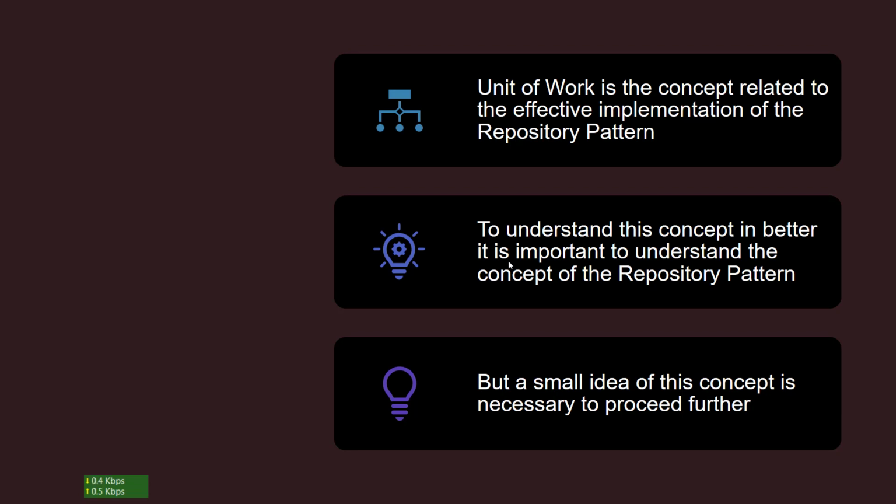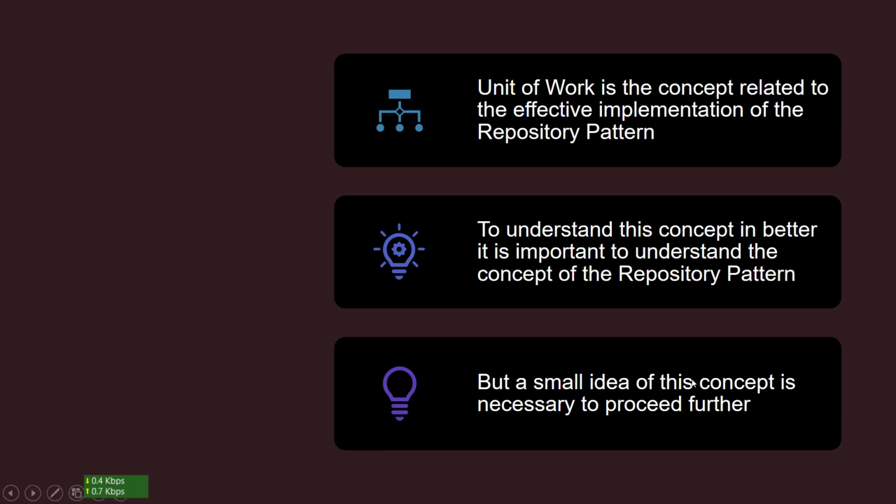But the concept of unit of work comes to mind where we need some transactional work, where there should be something that goes in a unit to the database instead of sending one by one. To understand the concept, first I will explain what the repository is, and then from there onward I will move to the implementation of unit of work.